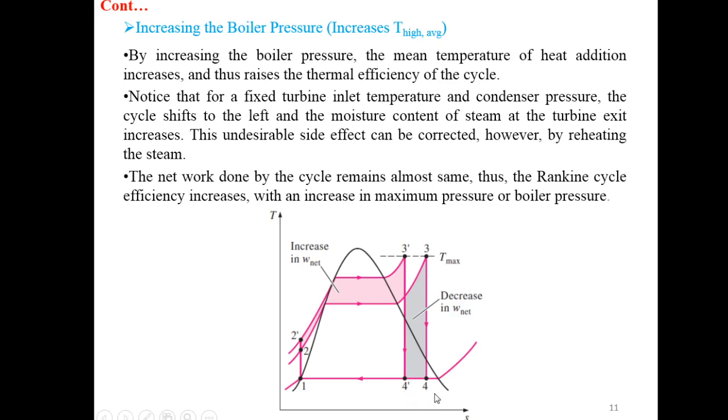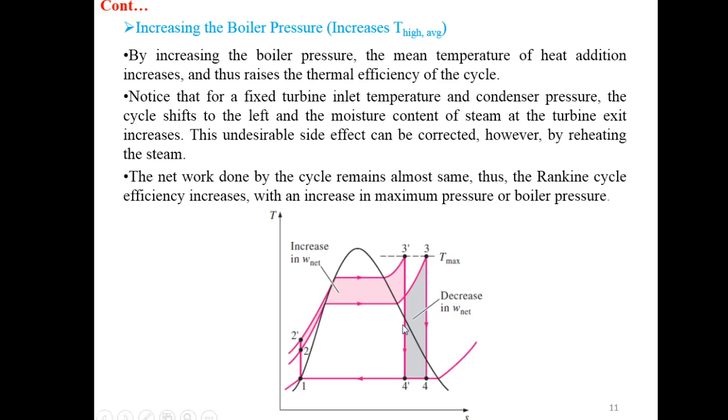So our point shifts towards the left. It means that the dryness fraction value decreases. Here the value will be less than the value at point 4. This undesirable side effect can be corrected, however, by reheating the steam.